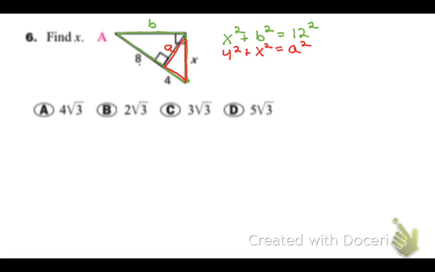Okay, and now let's try another one. And then we have this guy here. Okay, so this one is a squared. Did I do that right? No, I didn't do the red one right.